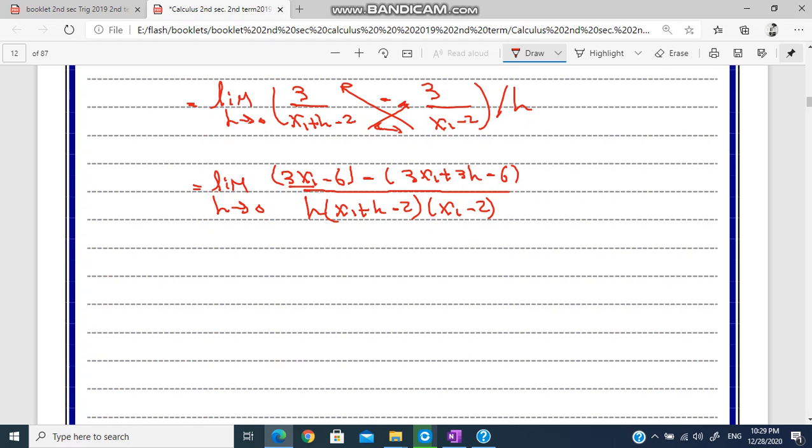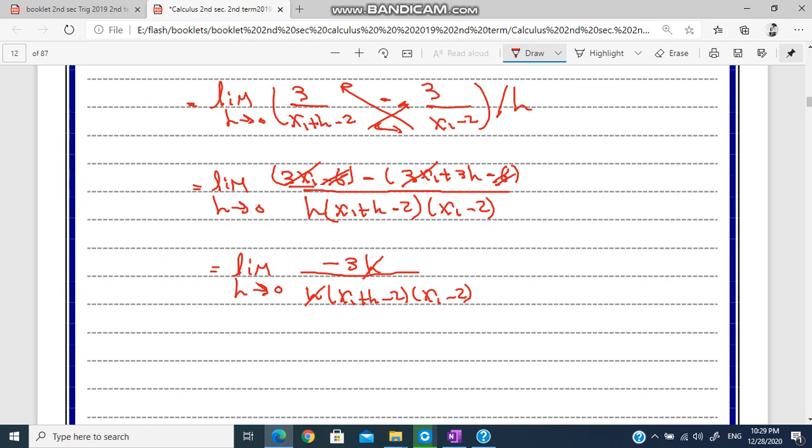Here 3 x1 cancels with 3 x1, and the negative 6 cancels with the negative 6, so the numerator will be negative 3h. So the limit as h approaches 0 of negative 3h over h times (x1 plus h minus 2) times (x1 minus 2).